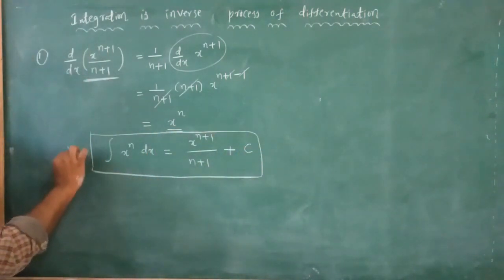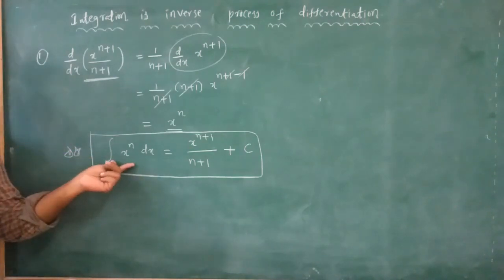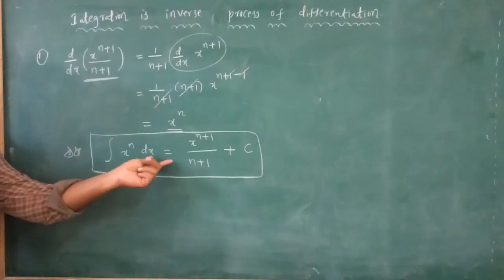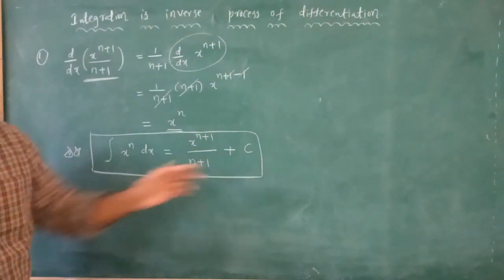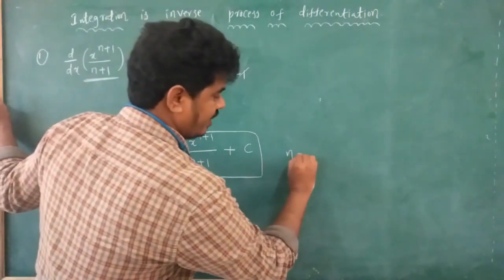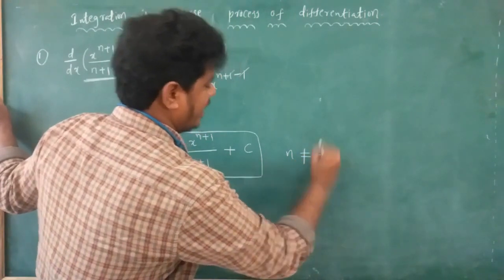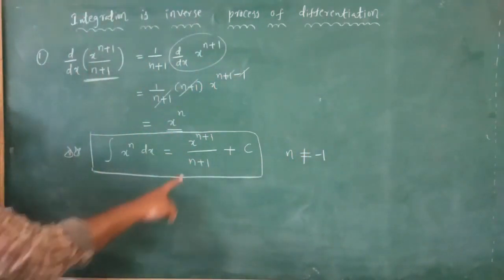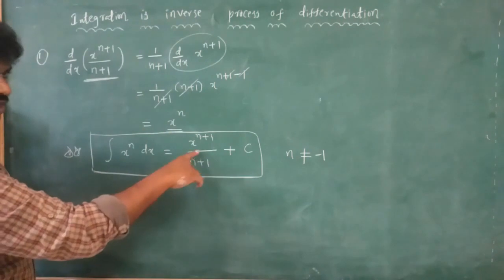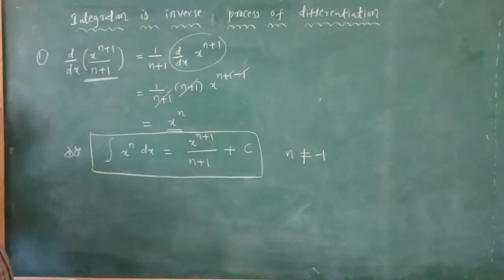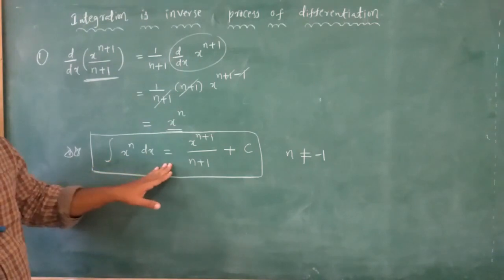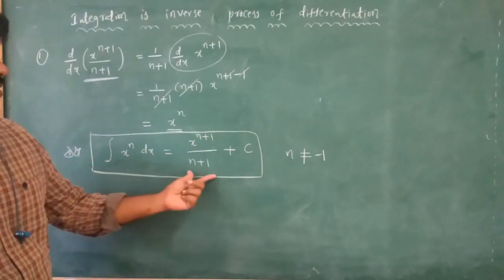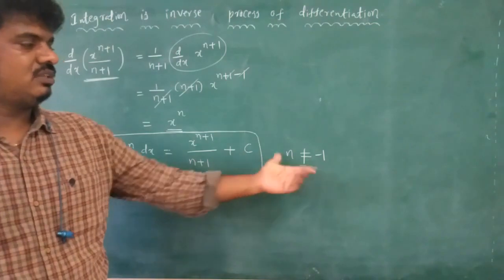The integral of x^n dx is equal to x^(n+1)/(n+1) plus c. The value of n should not be minus 1, because if you take n equal to minus 1, the denominator becomes 0. So finally, the integral of x^n dx is equal to x^(n+1)/(n+1) plus c.